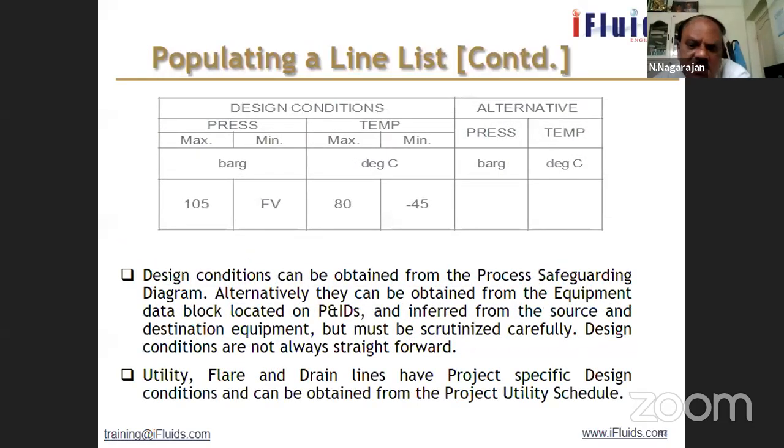All those things are obtained from the heat and material balance. Design conditions, we have to get from the safeguarding diagram, or sometimes we make a design pressure and design temperature diagram, which I forgot to tell you. From the same PFD, we can make one more diagram. From the PFD, we made a PSFD, process safety flow diagram, material selection diagram, etc. One more drawing we can make is the DPDT, design pressure design temperature diagram.